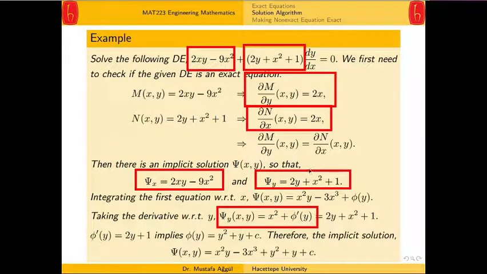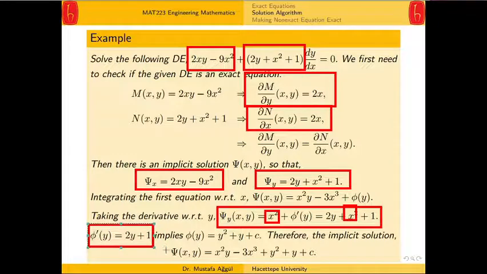We set them equal. When we do that, we see x squared is common on both sides, so the x squared will cancel out, and we end up with phi prime of y equal to 2y plus 1.